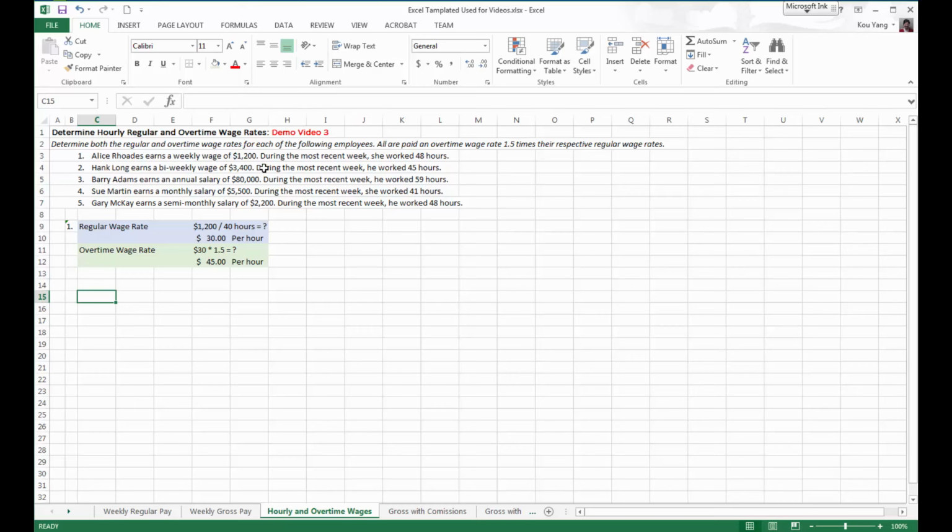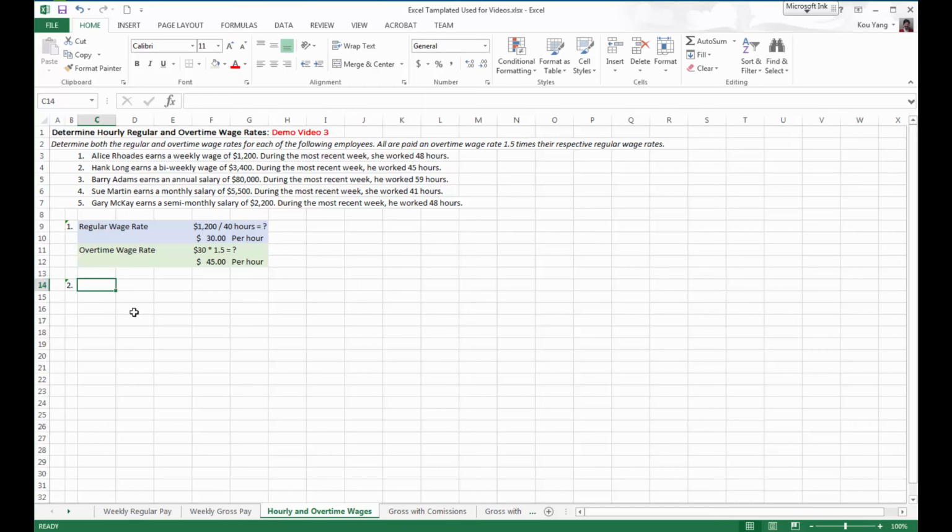She earns a regular weekly wage of $1,200, and she worked 48 hours that week. In this exercise, we are simply showing you how to calculate the regular and the overtime wage rate, so we're not calculating her total wages earned for that period. So this is all we're going to do for this one.